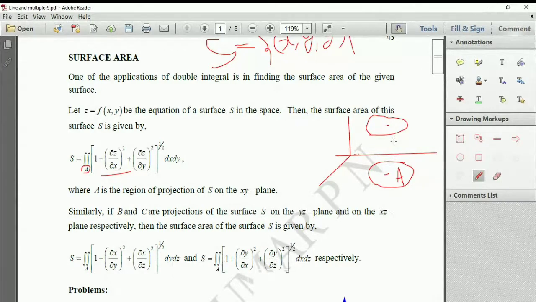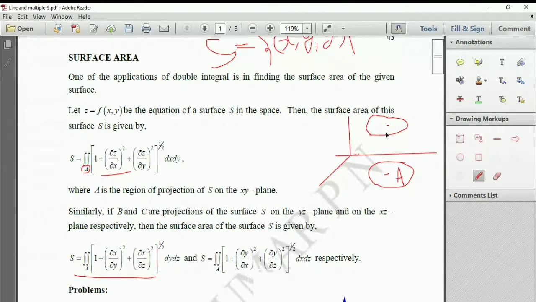So your A will be the region which is the projection of this curve on the yz plane. Then what is the formula for finding the surface area? It will be S equal to the double integral over A of 1 plus (dou x by dou y) whole squared plus (dou x by dou z) whole squared, to the power of half, dy dz.